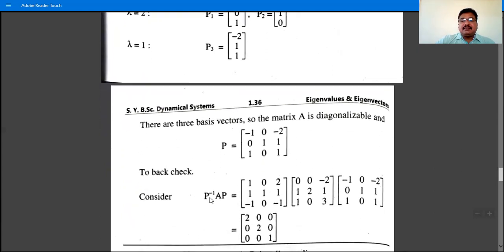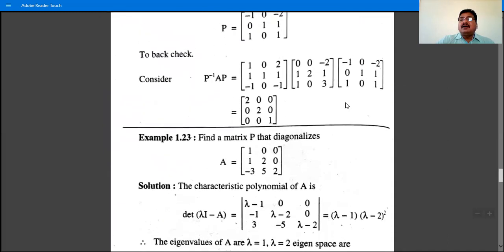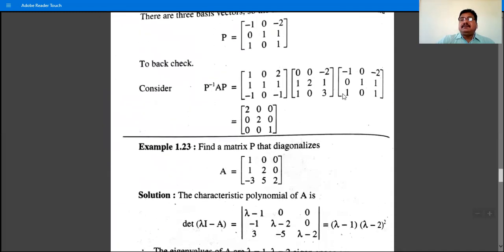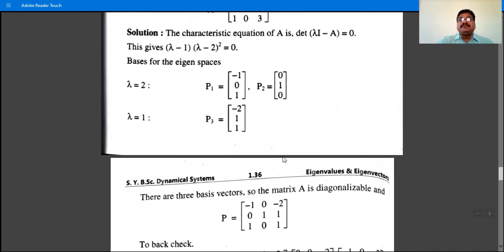And if we check P inverse AP, that is the multiplication of P inverse, which means find the inverse of this matrix, then A, the given matrix, and P itself. Its multiplication is a diagonal matrix whose entries are 2, 2, 1. What are these 2, 2, 1? They are the eigenvalues of this matrix.